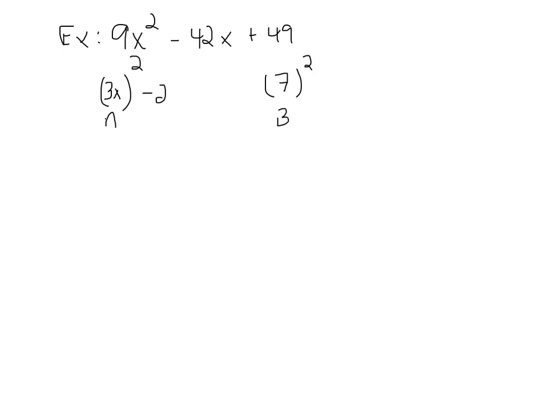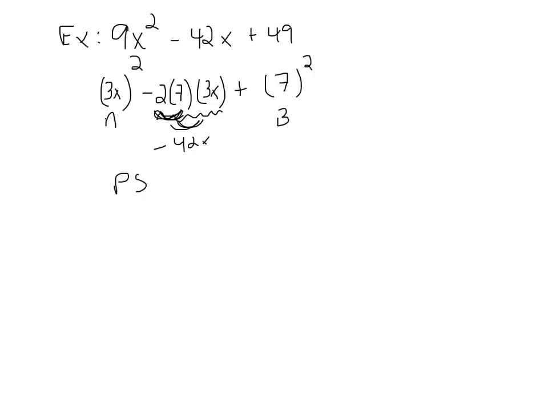We just now need to see if the middle term is negative 2 times a times b. So let me fill in b here and a here and see if it matches negative 42x. So 2 times 7 is 14, negative 14, and negative 14 times 3x is, yes, negative 42x.